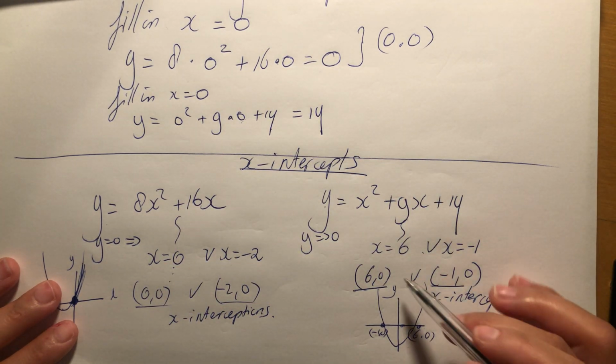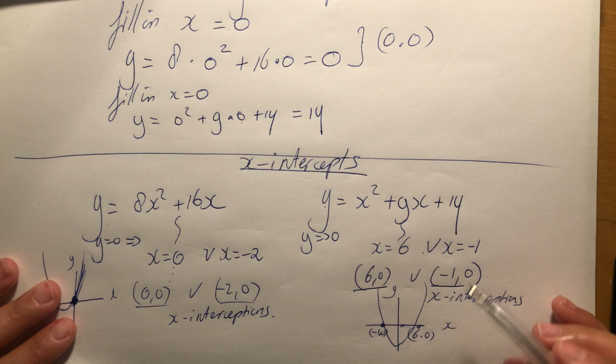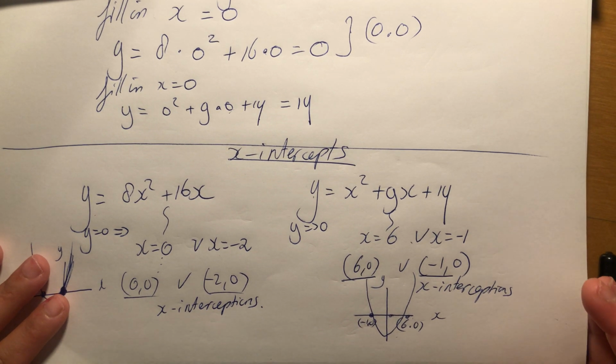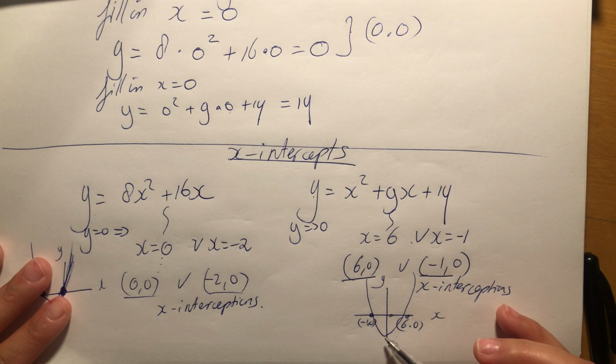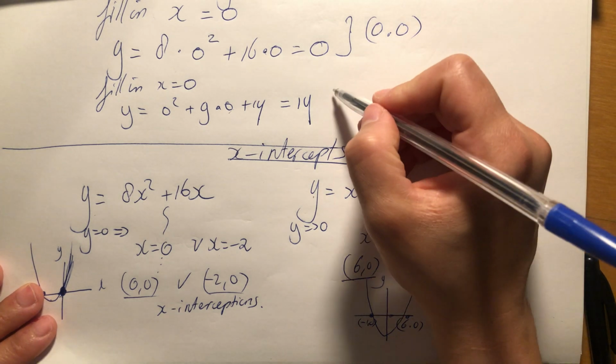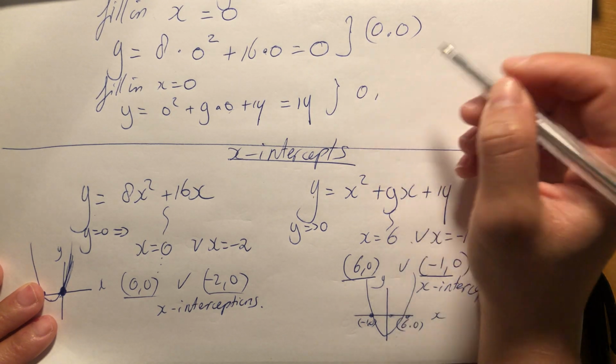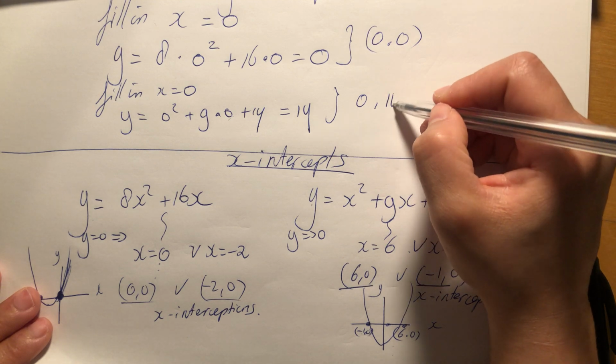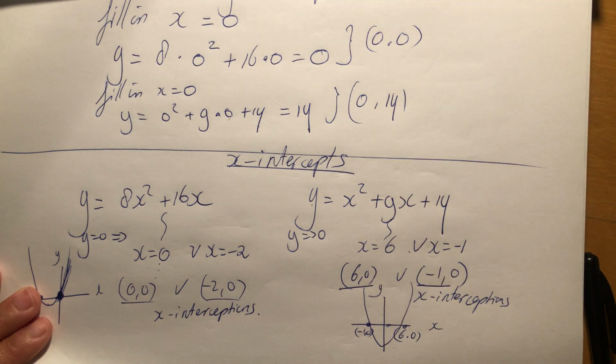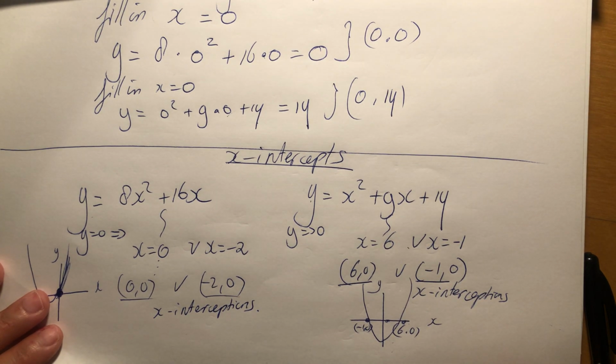And then y-interception, okay. I see that my sketch is not really that cool, but the y-interception in this case is 0, 14. Now I'm starting to wonder if I perhaps made a mistake, but I don't think so.